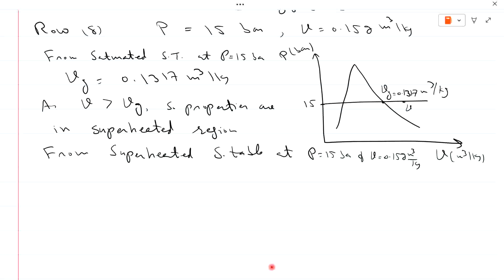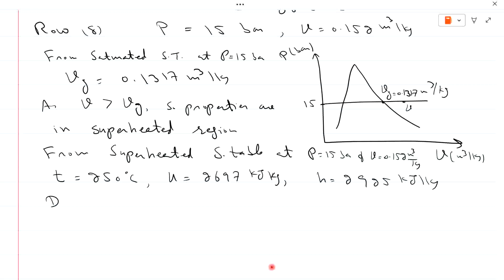temperature is equal to 250 degrees centigrade. Specific internal energy is equal to 2697 kilojoule per kg. H is equal to 2925 kilojoule per kg.